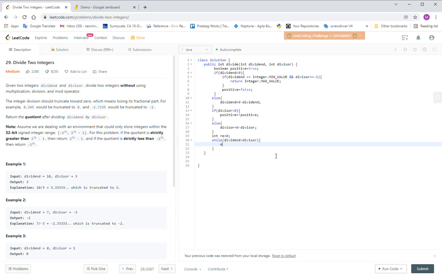So we use some tricky way to do it. So we defined the half dividend. That one, it will be the dividend right move.